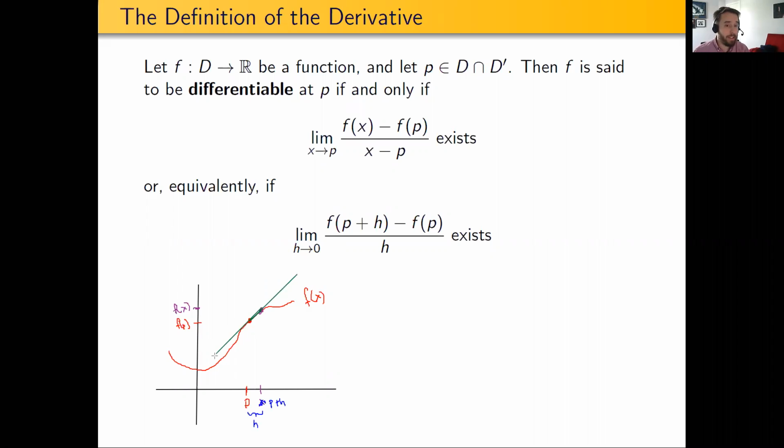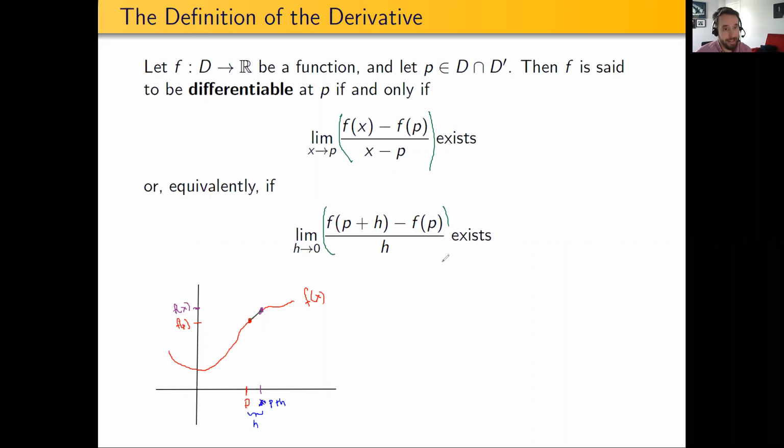So we can calculate the slope of that line, and that would be a quantity that we can calculate for any given x and, for our fixed p-value, for any given h value.